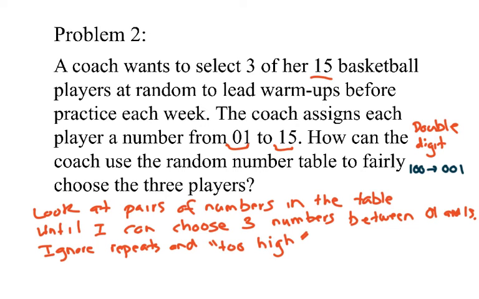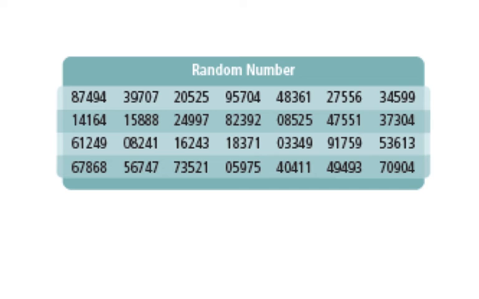So I'll start with the first line, and I'll go back here. So my first number is 87, so I don't choose 87. My next one is 49. I don't choose 49. 43. I don't choose 43. 97. 07.